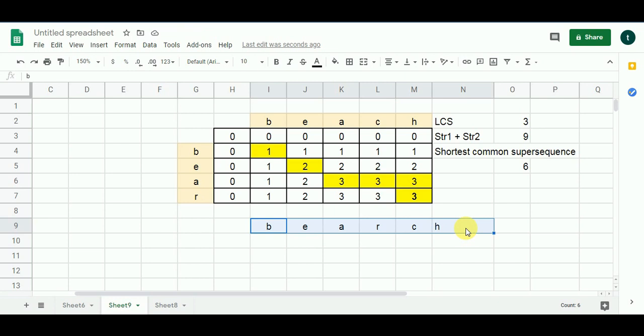Now we are going to see the algorithm of this dynamic programming solution. So basically it's going to be an algorithm of the longest common subsequence, because what you have to do after you have found out the LCS is pretty simple. So here we have the algorithm.